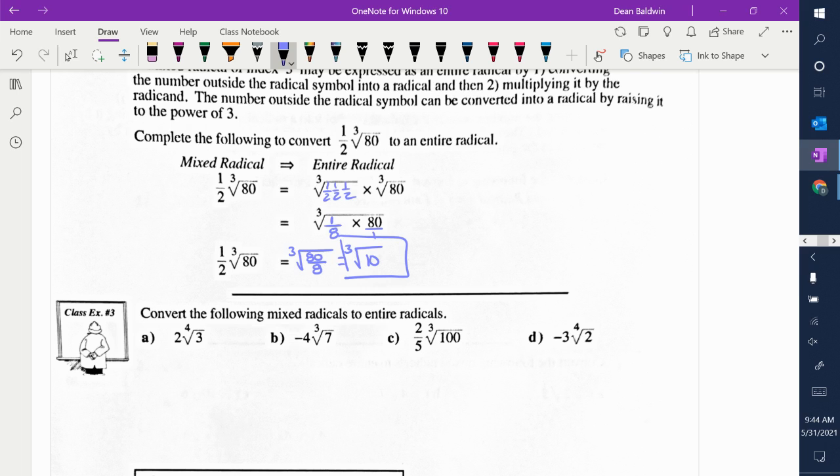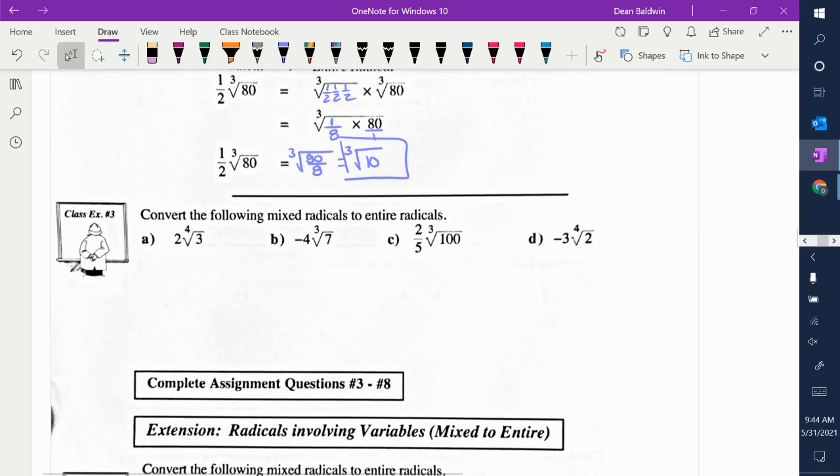Here's the only difference. I'll do 2 of them, actually. B and D. So we have a negative on the outside. If you have a negative on the outside, it is up to you. If the index number is odd, you can put the negative inside if you want, but you can leave it on the outside. If the index number is even, you have to leave the negative on the outside.